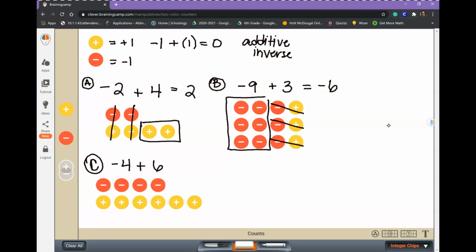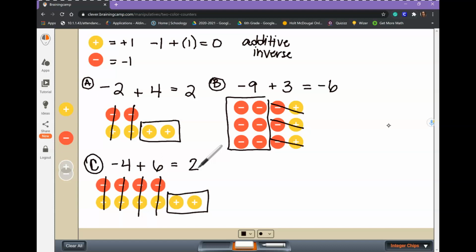Now I'm going to make my 0 pairs and remove them. 1, that's a 0 pair, that's a 0 pair, it's a 0 pair. And I'm left with 2 positive counters. So my sum is +2. That is with the two-color counters, the models.